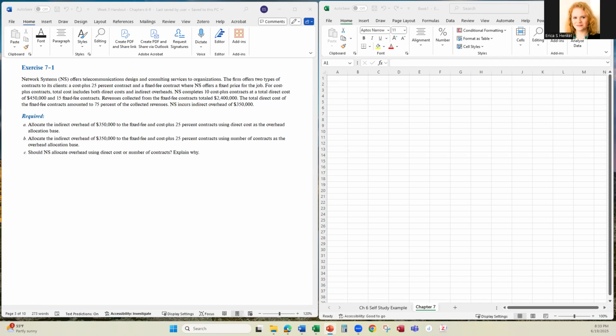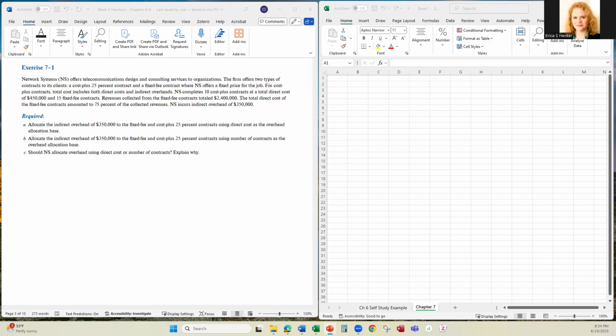and 15 fixed fee contracts. So revenues collected are 2.4 million for those two. Total direct cost of the fixed fee contracts was 75% of the collected revenues, and they had indirect overhead of $350,000.